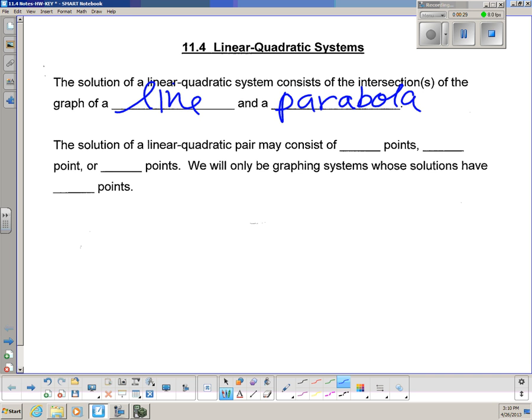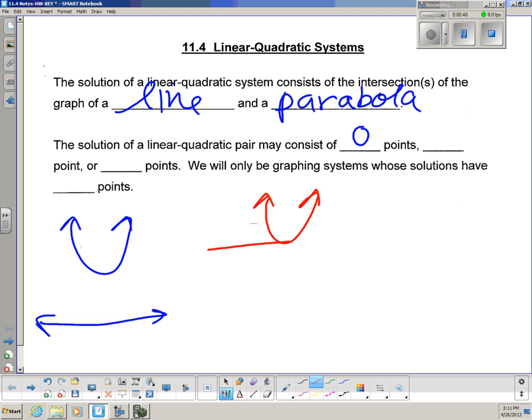If you think about the way that a linear and a parabola can intersect, you might have a parabola like this and a line down here, which means a linear and a quadratic may consist of 0 points, no solutions. You might also have a line that is tangent to that parabola, which means it just touches it in 1 point.